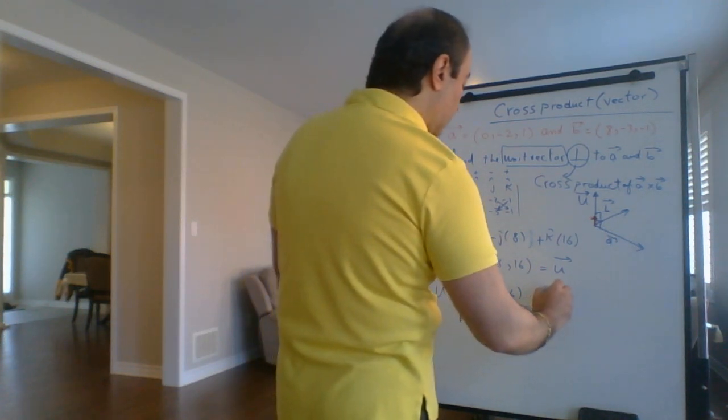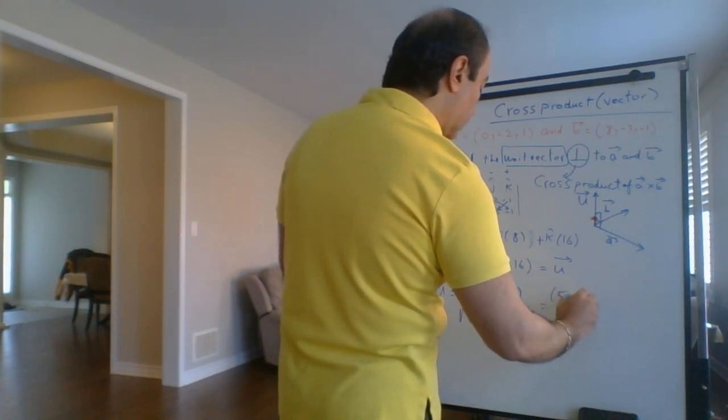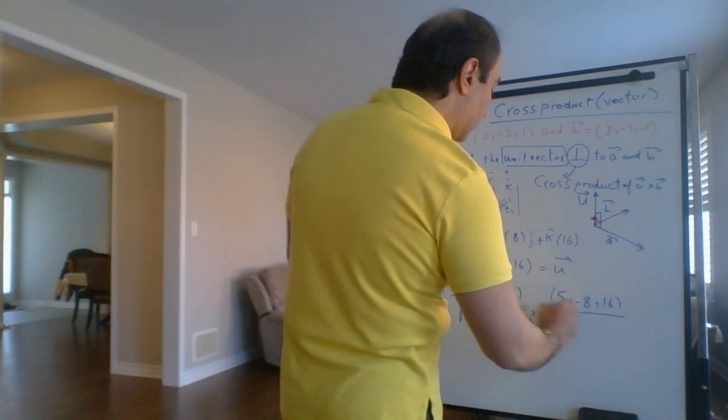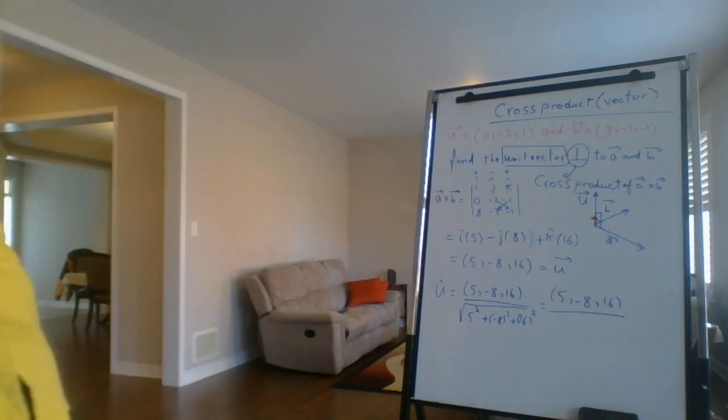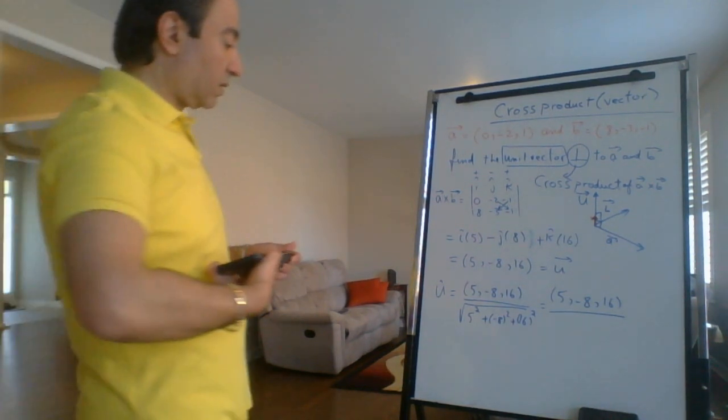So this will be 5, negative 8, 16 divided by, I'll do that in the calculator, 25 plus 64 plus 256.